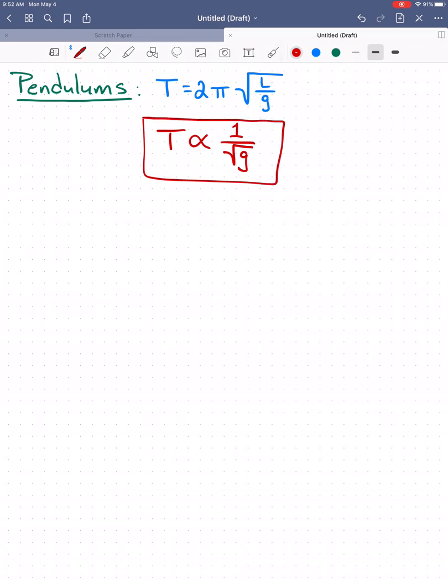So let's suppose that we do our lab, we look at our data. Let's suppose that our acceleration of gravity is 1 meter per second squared, and when that's the case, our period happens to be 1 second.